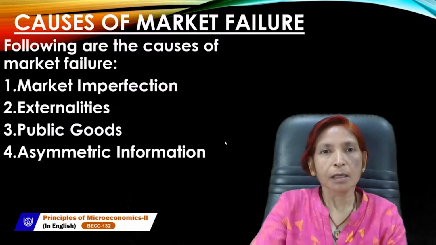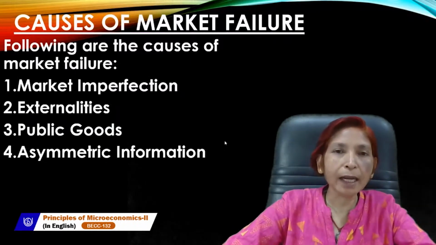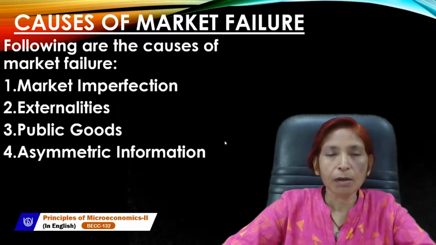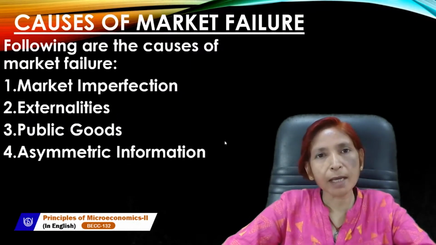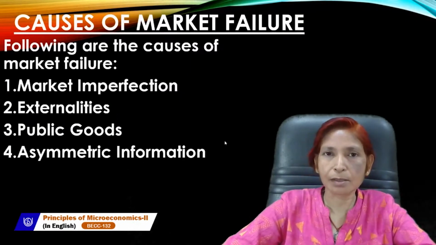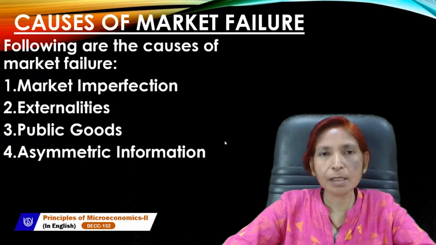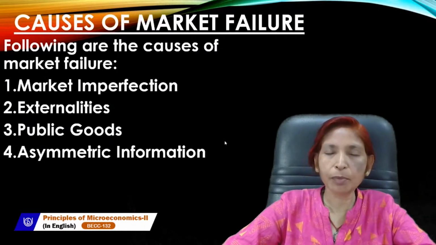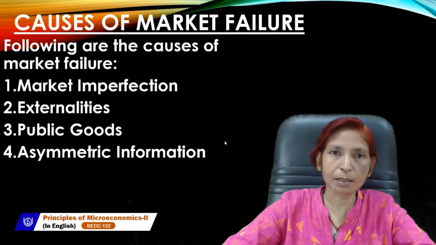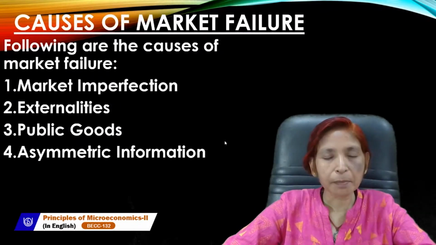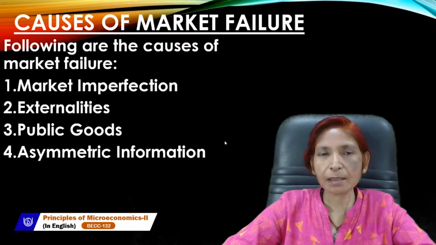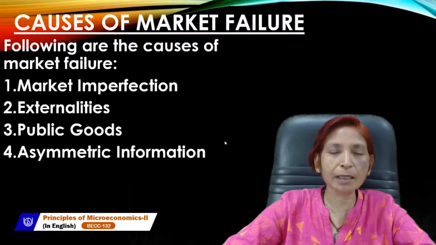Perfect competition market is that market in which a very large number of buyers and sellers exist. All sellers produce a homogeneous or uniform product, and these firms are always price takers, not price makers. Price is determined through the forces of market demand and market supply.